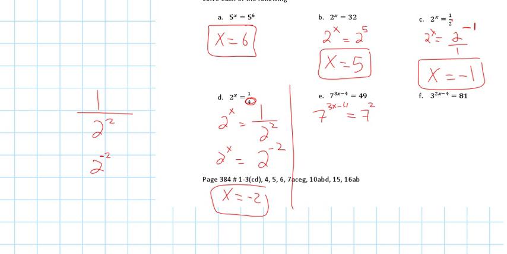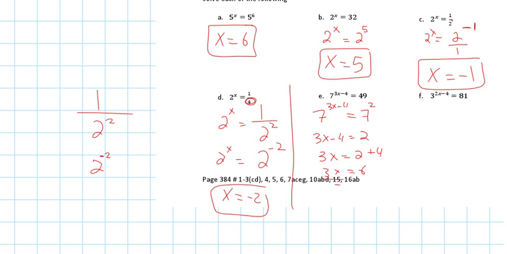And now I have to solve for x the old-fashioned way. There's not much fun in this one, okay? So bring the negative 4 over, it becomes a plus 4. So that's 3x equals 6. Then divide by 3. So x equals 2.